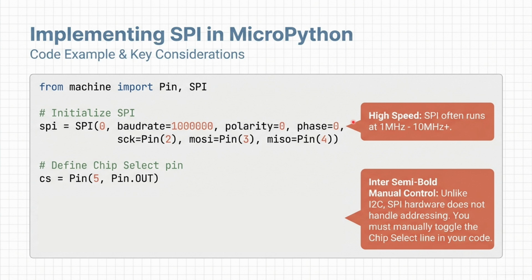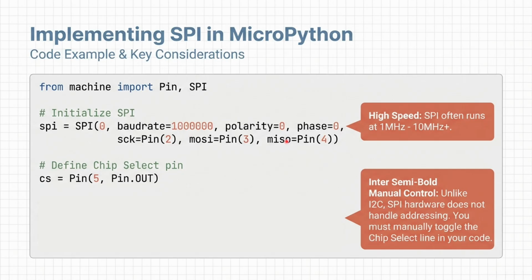Now let's put this gear into motion with some code. Just like with I2C, we use the machine library to set up our SPI interface. Look at the initialization. SPI equals SPI 0, baud rate equals 1,000,000, polarity equals 0, phase equals 0, SCK equals pin number 2, MOSI equals pin number 3, MISO equals pin number 4.